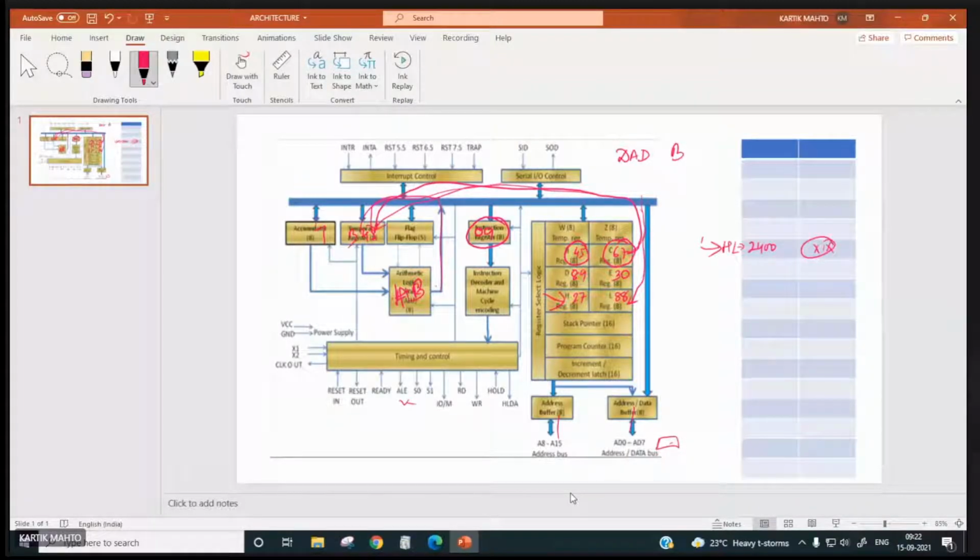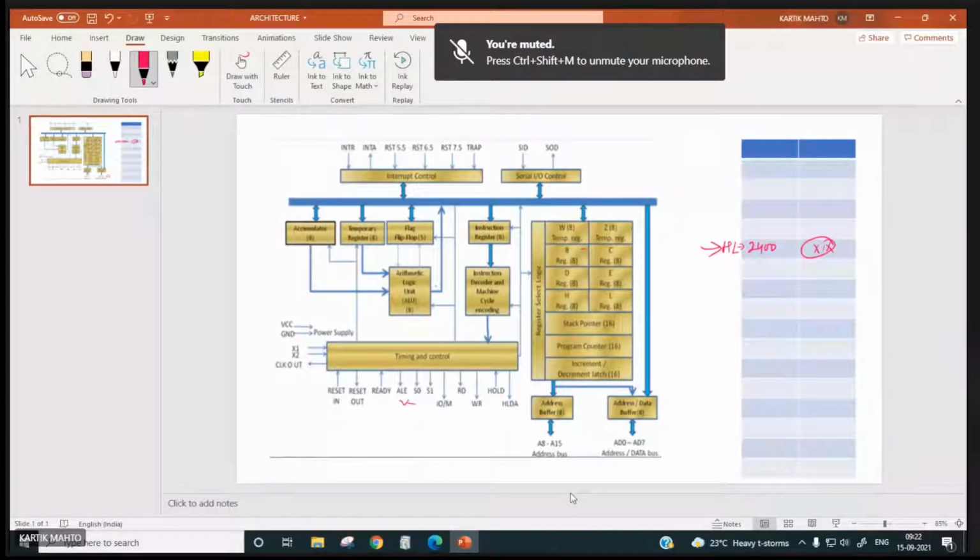The lower byte of the HL register pair will be copied to the accumulator. And before that, the accumulator will be saved somewhere, otherwise it will be destroyed. If you go through the timing diagram of all these instructions, then it will be clear.